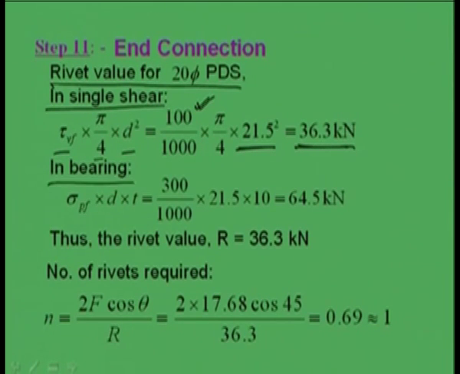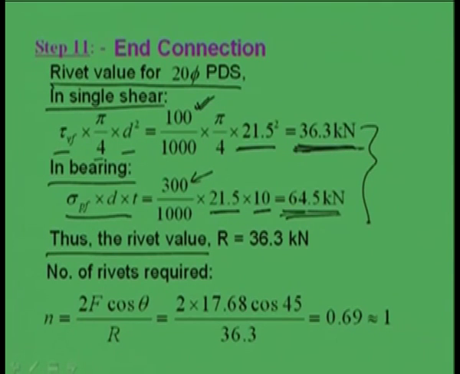Similarly, in case of bearing, the rivet value will become sigma Pf into d into t, where sigma Pf is 300, this is d and t is the thickness of the lacing. So, this is becoming 64.5 kN, right. Now, the rivet value will be the lesser of these two, 36.3 kN and 64.5 kN.